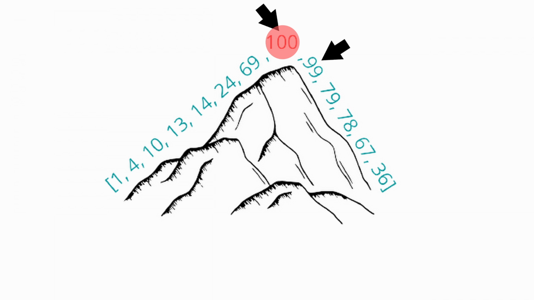And the value at index 7, which is 100, is greater than the value to its right. So we are still considered to be on the right side of the mountain. So we move our right pointer to this index as well. And at this point, both our left pointer and our right pointer are equal, which means that both pointers are sitting on our peak. So we just return either one of these pointers as the answer to the problem.